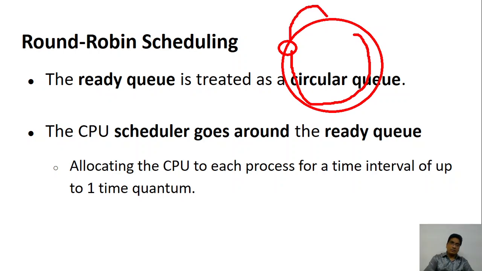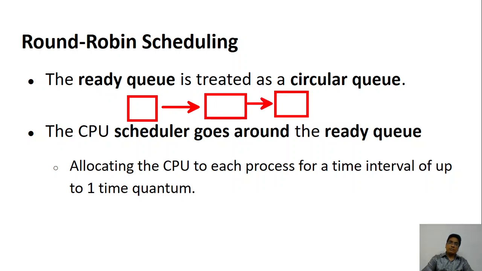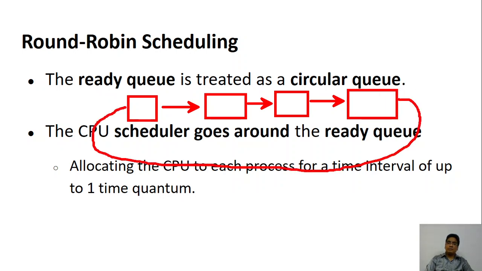So you have one element pointing to the next element, pointing to the next element, and what will happen to the last one? The last one will point to the first one. That is called a circular queue. This is the same idea that is being used.